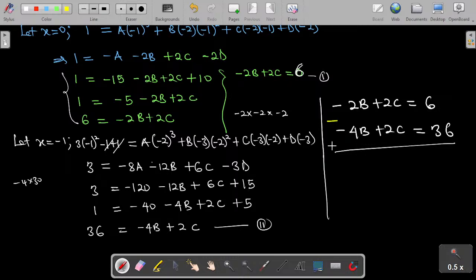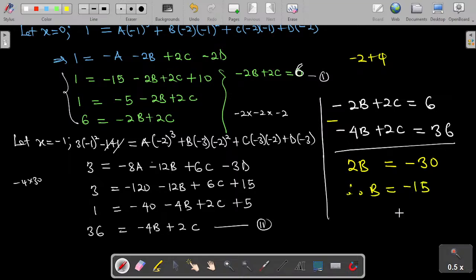So minus 2b minus 4b, minus 2 minus 4 is going to give us minus 2 plus 4, and that is equal to 2b. And 2c minus 2c will be eliminated, equal to, then we now have 6 minus 36. That is going to give us minus 30. Therefore, our b is equal to minus 15.